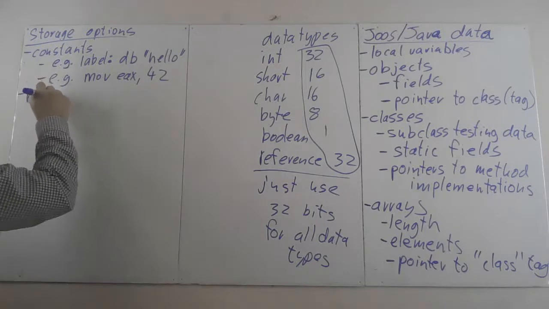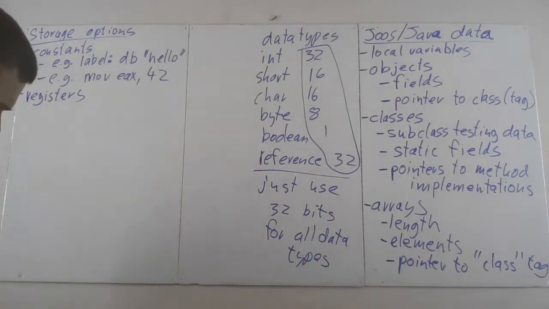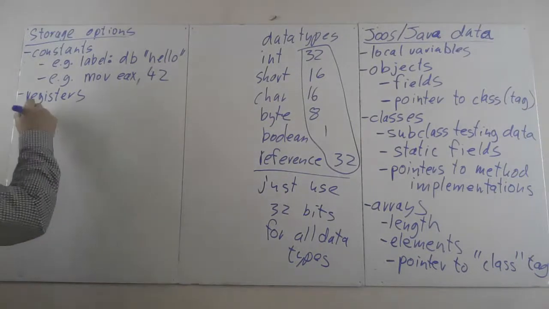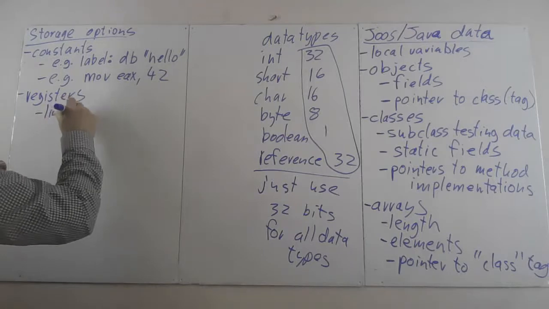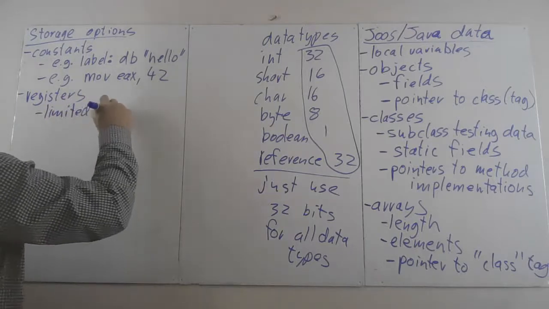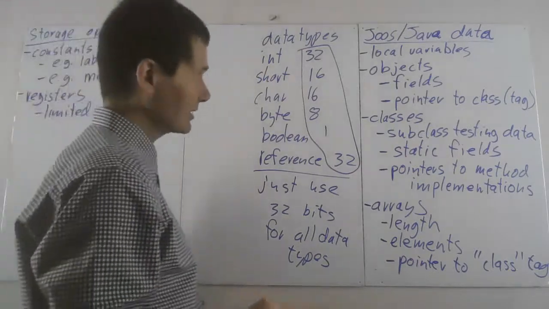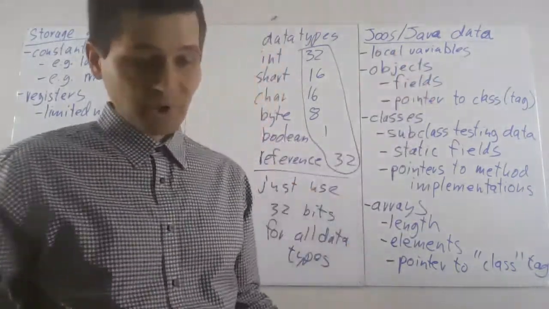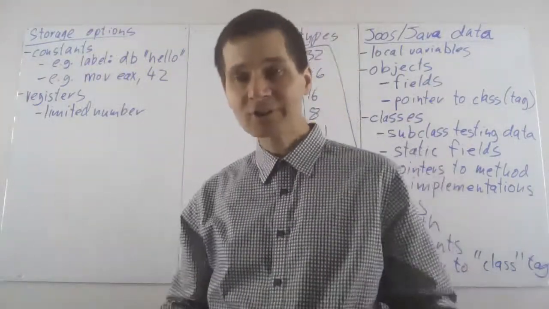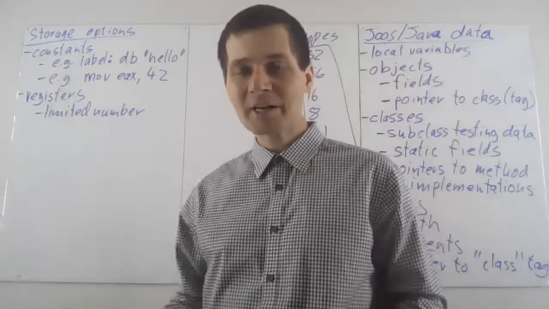Registers, right? I can put stuff in registers. And the thing to keep in mind about registers is that I have a limited number. Okay, so if I decide to put, say, local variables in registers, I've got to be careful because I only have like 6 or 8 or however many registers.